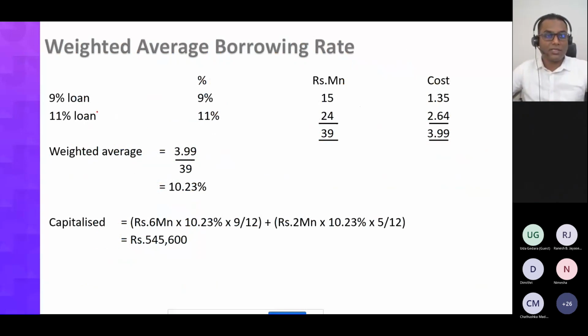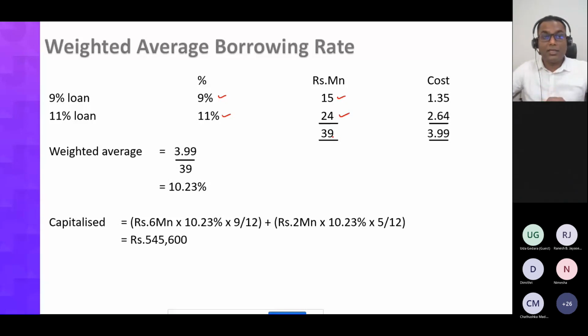You have two loans, 9% loan and 11% loan. If you look at the values, in the case of 9% loan, it is 15 million, 11% loan, 24 million. So altogether, 39 million is the total.